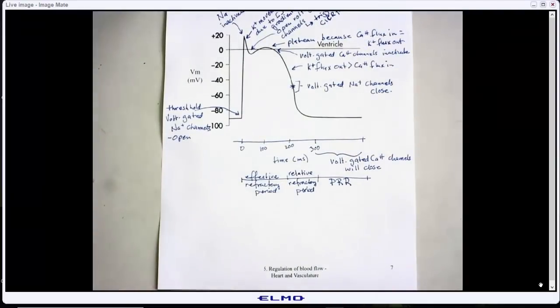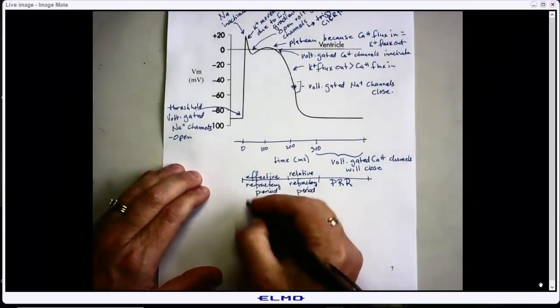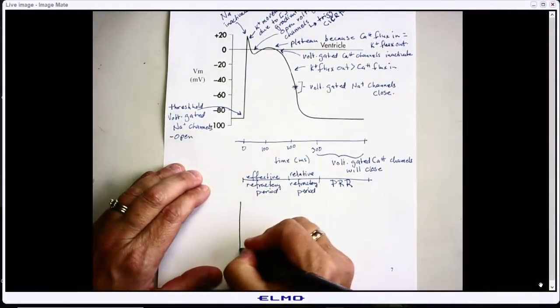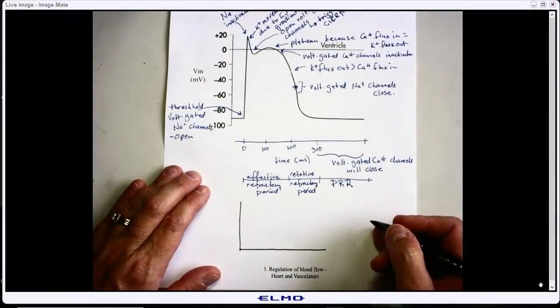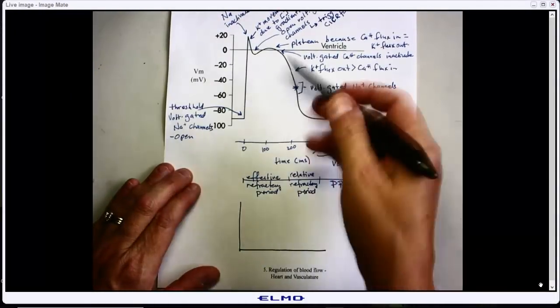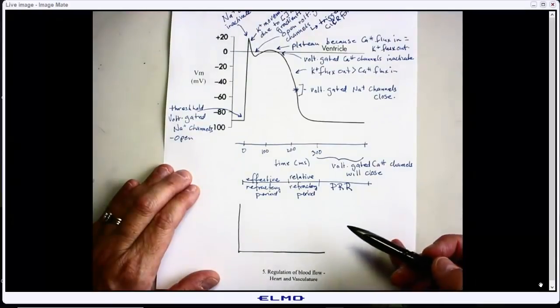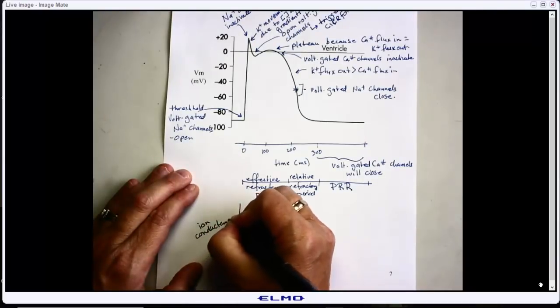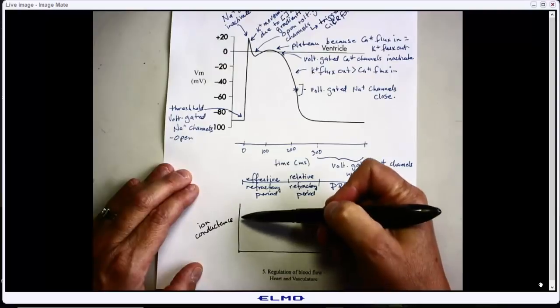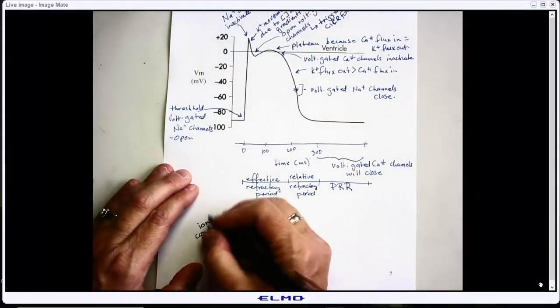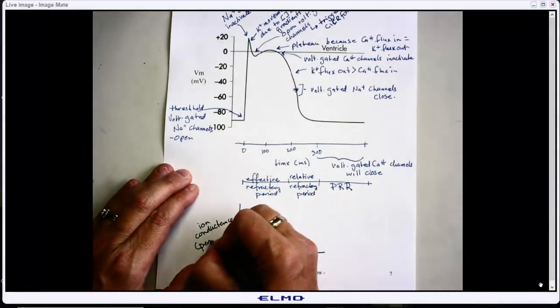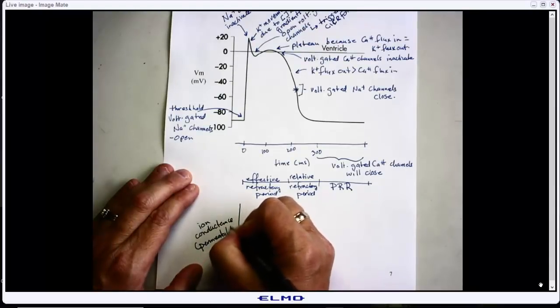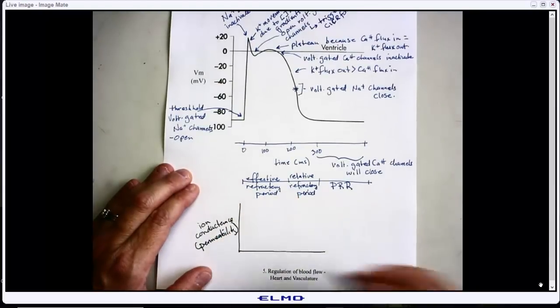Okay, so if we were to think about a relationship between the permeability of what's going on up here over time, let's label this ion conductance, or permeability, over time.